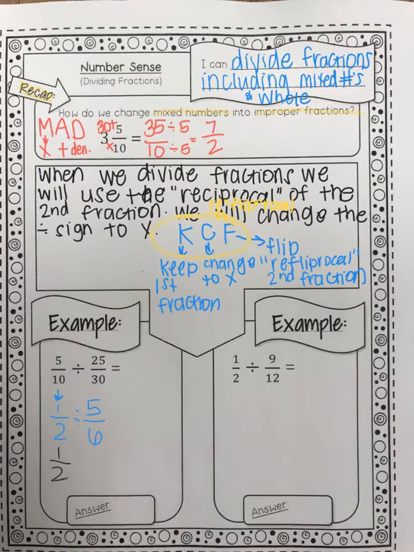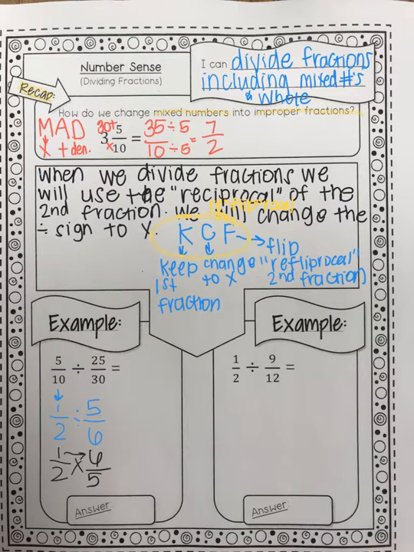Now let's do our keep, change, flip on those numbers. Keep the first fraction the same. It's going to stay 1/2. Change the sign to multiplication. Flip over your last fraction. And now you can just solve it normally.